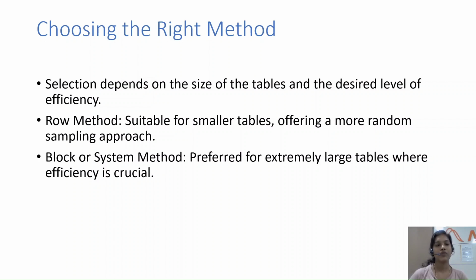However, for extremely large tables where efficiency is crucial, the block or system method is preferred. So ultimately, the choice between these sampling methods depends on the specific requirements of the task at hand, ensuring optimal sampling efficiency in Snowflake.